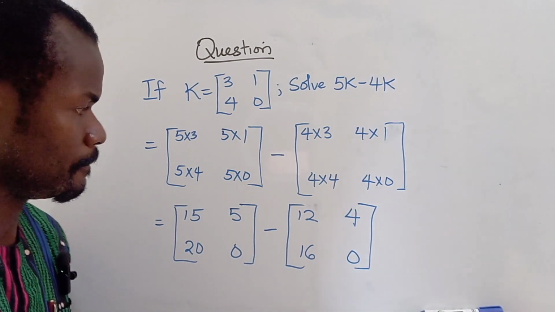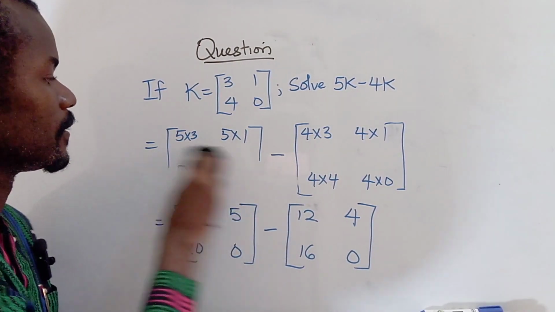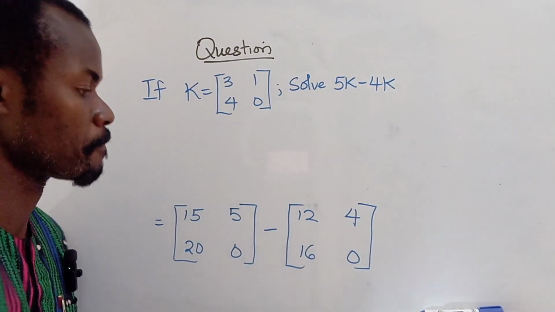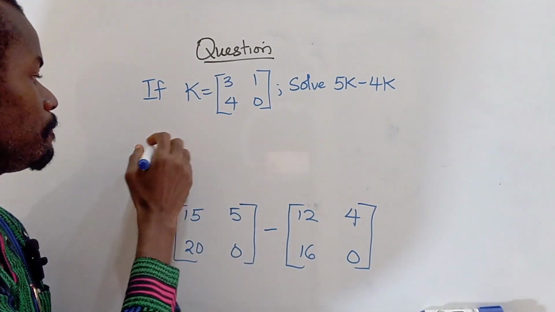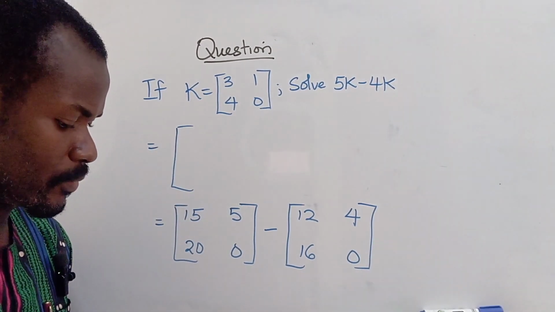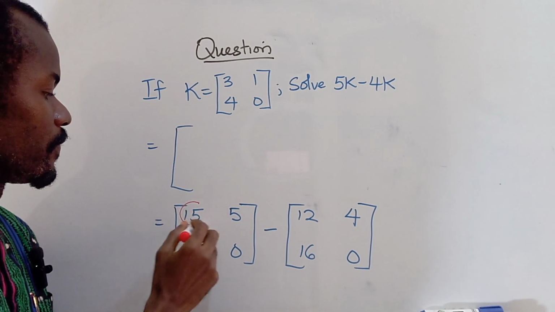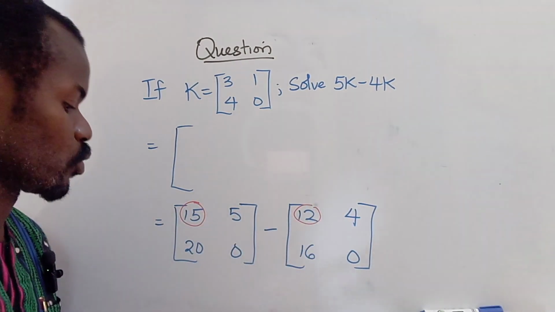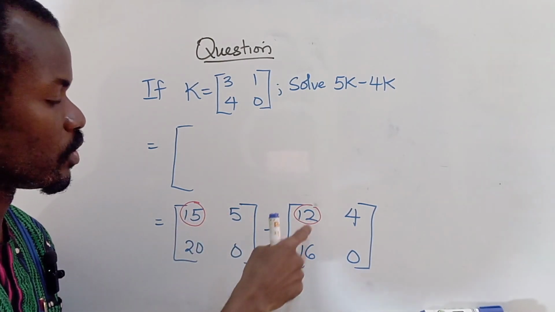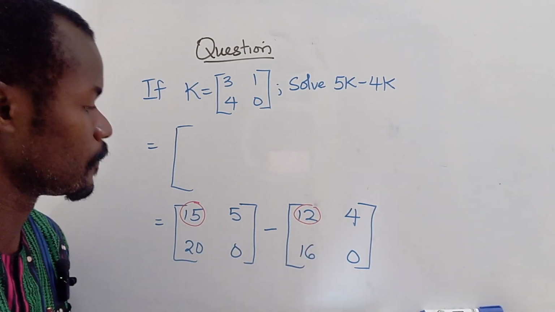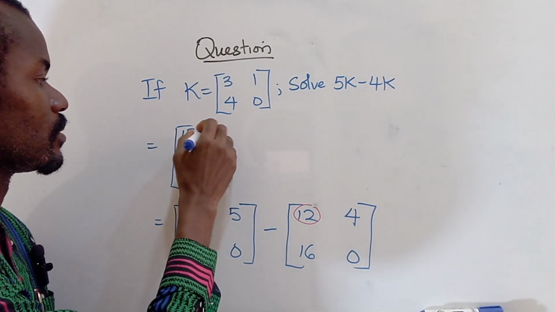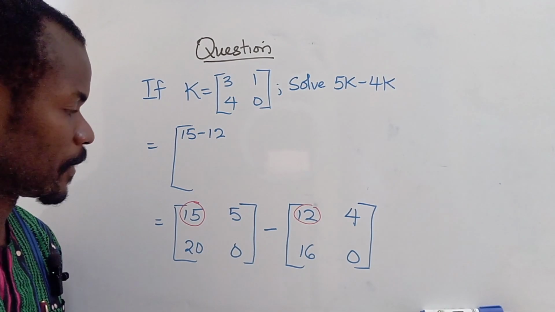Having gotten this, we have one more step and we can arrive at our answer to this problem. Now we have to check the elements. This is 15 and 12. 15 and 12 are at the same positions, so 15 is going to subtract 12.